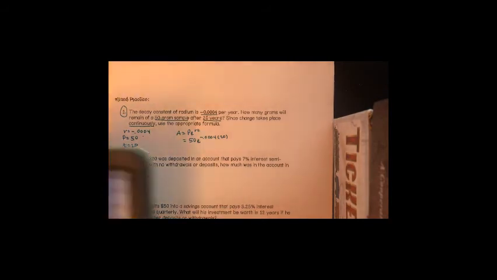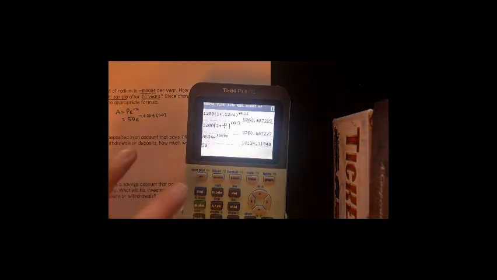So throwing that into my calculator, I've got 50, and then E negative 0.0004 times 20. So 49.6.